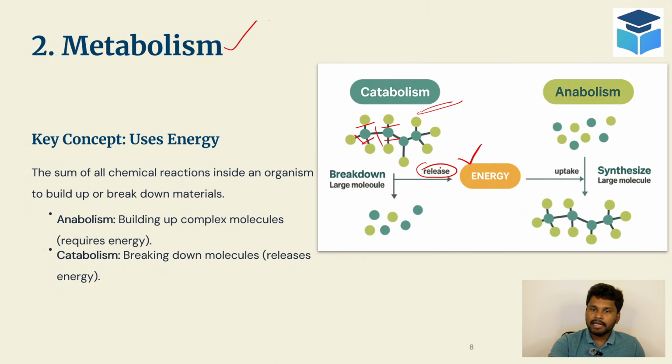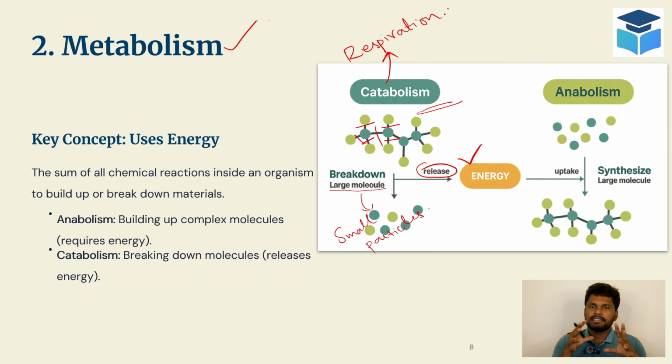To release energy, the bonds will be broken into small particles. Large molecules break down into small particles. This process is catabolism, and the best example for catabolism is respiration.